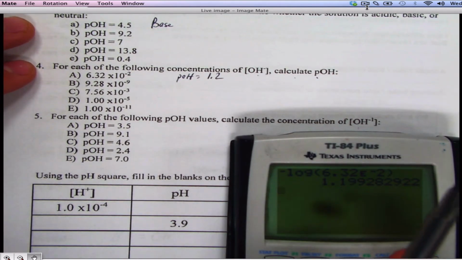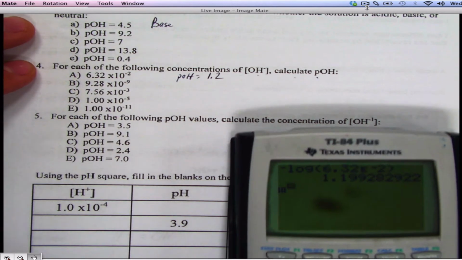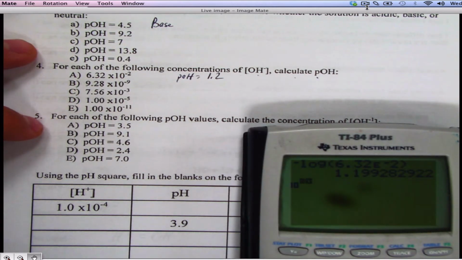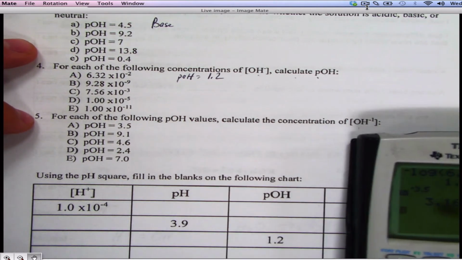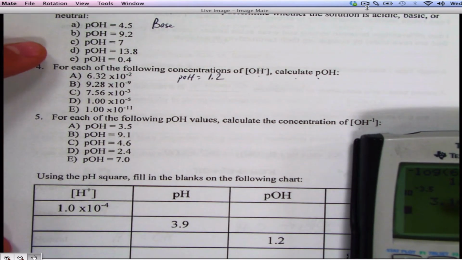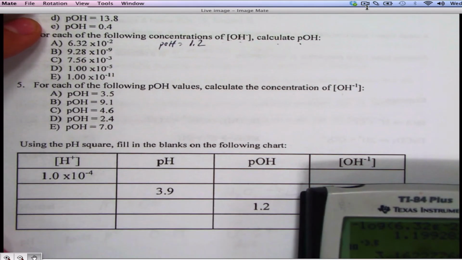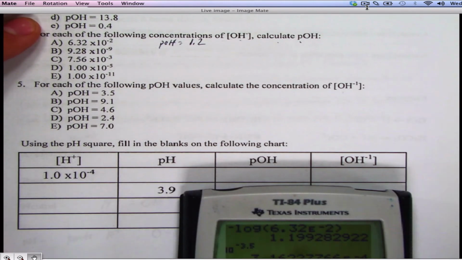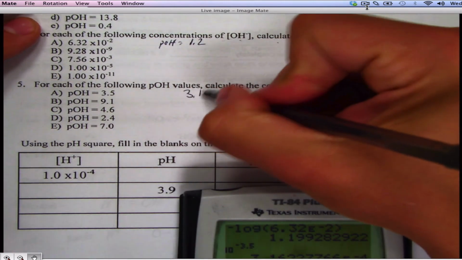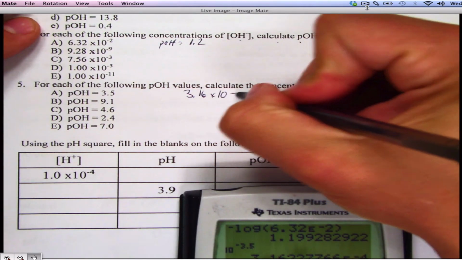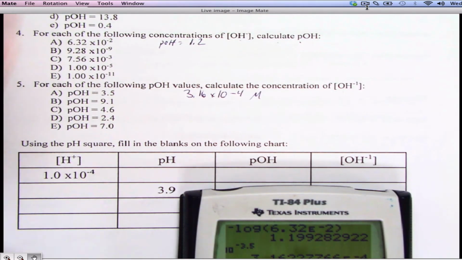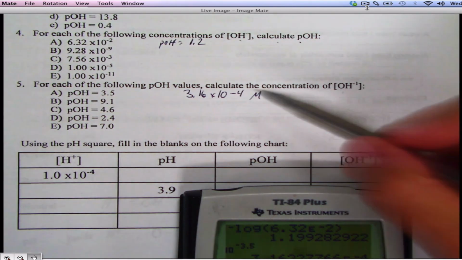So there's my anti-log, 10 to the whatever power, and you go, oops, negative 3.5, enter, and you get a fairly large number. So my concentration now is going to be 3.16 times 10 to the negative fourth molarity. All right, so you just found the concentration.